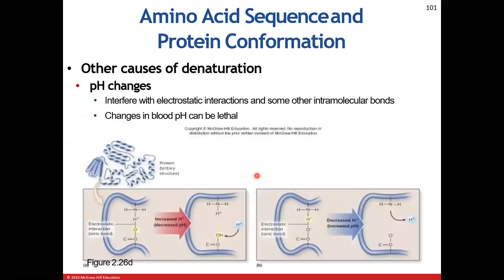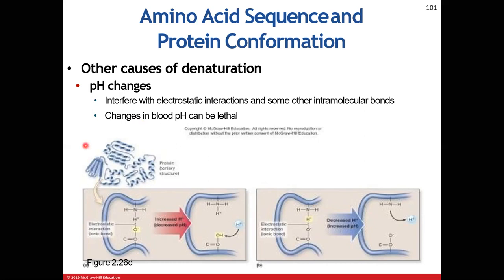So what are some other causes of denaturation? Obviously, temperature was one of them. pH is another one. And pH changes can interfere with the electrostatic interactions, as well as some other intramolecular bonds. We talked about what the pH of blood was earlier when we discussed pH.